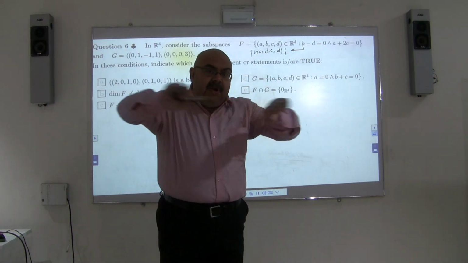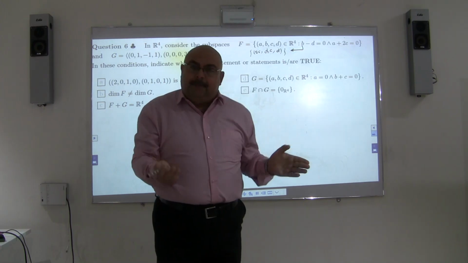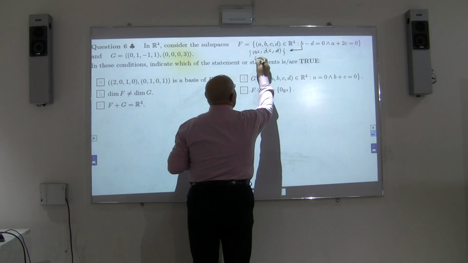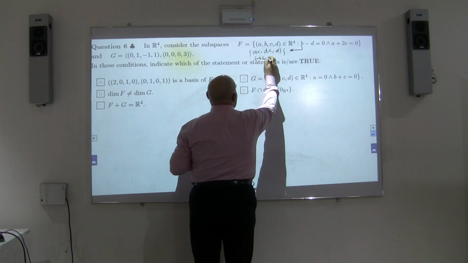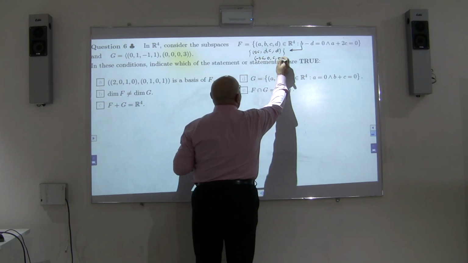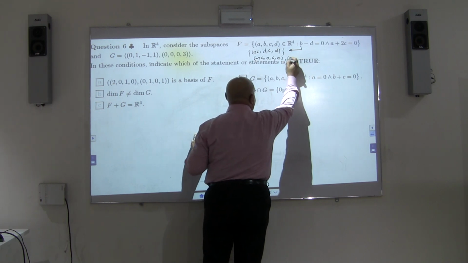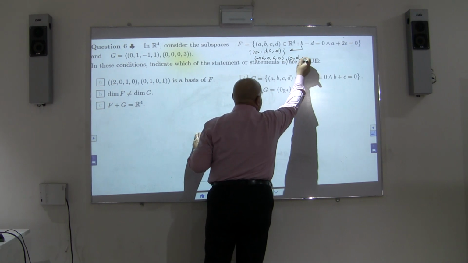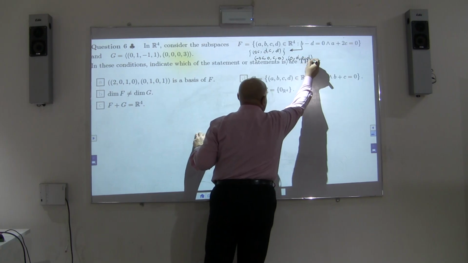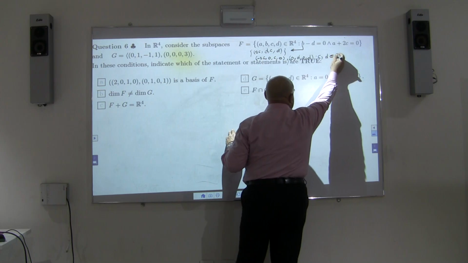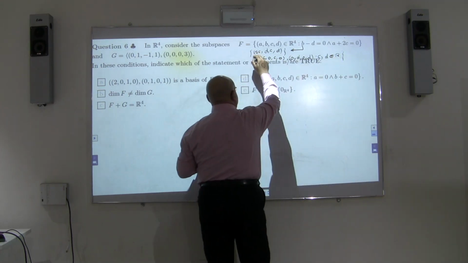Now I can separate it into two groups. The first group will be negative 2C, 0, C and 0, and the second will be 0, then D, then 0, then D, such that C and D belong to the set of real numbers.